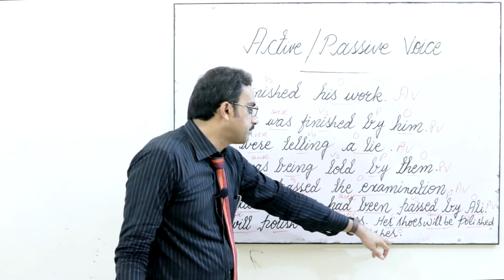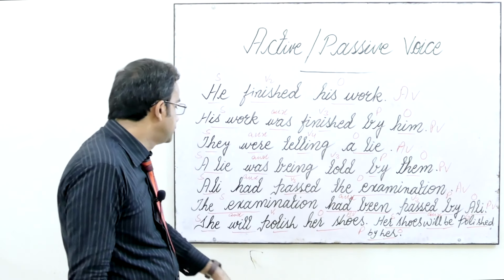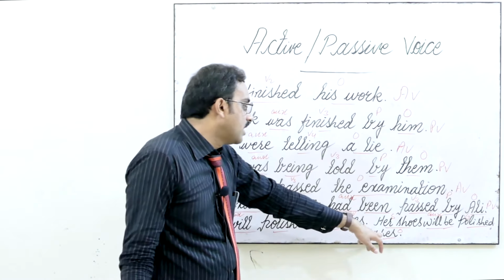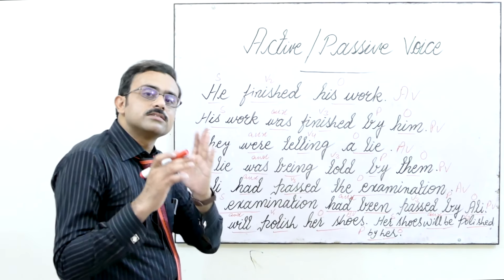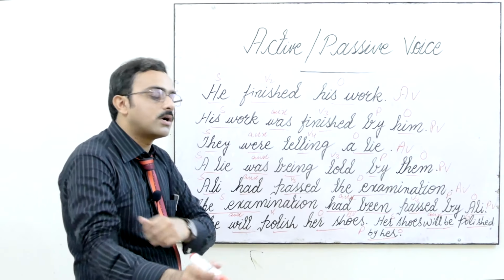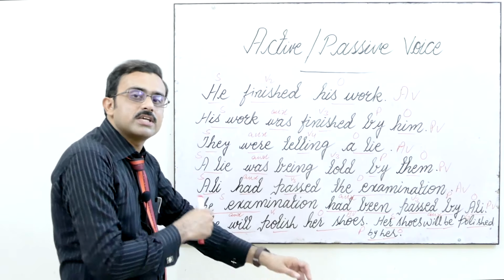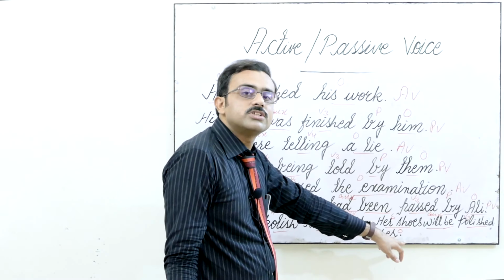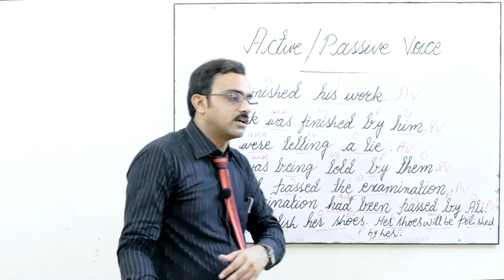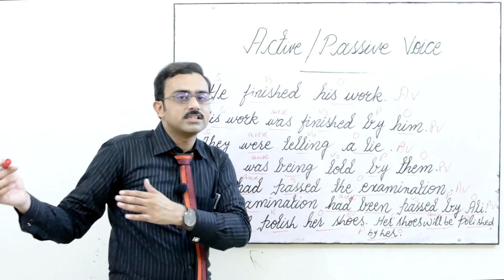Then by is your preposition and her is your object. So she changed into her. The third person pronoun she, subjective case, changed into objective case of third person pronoun, means she, her, as I discussed earlier in the chart.